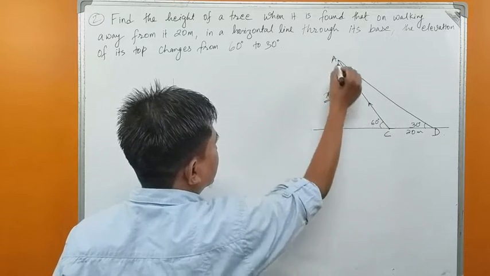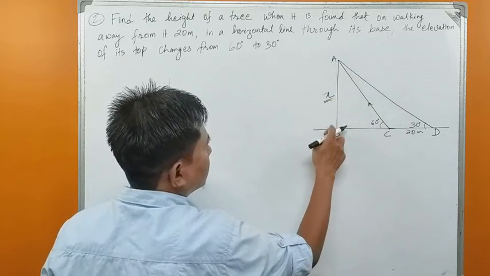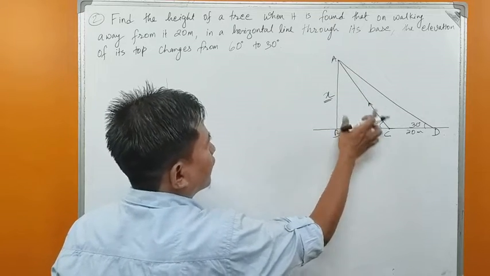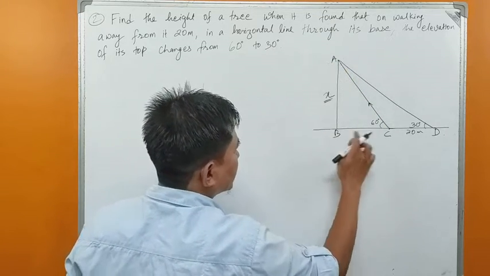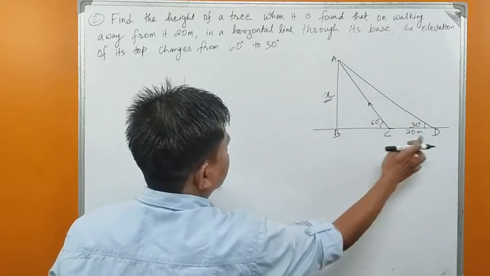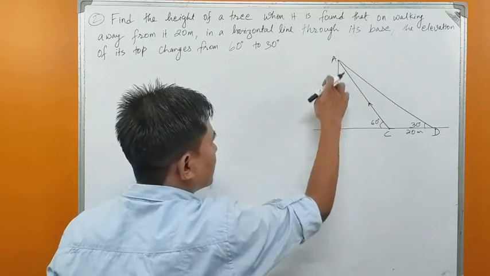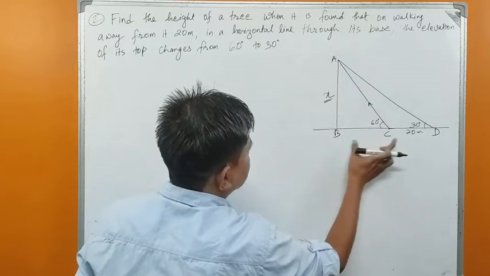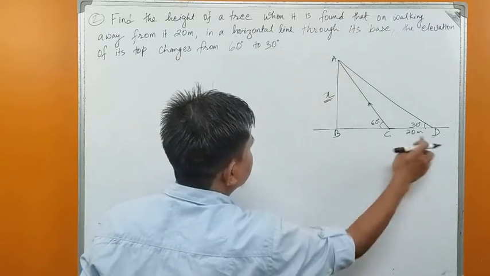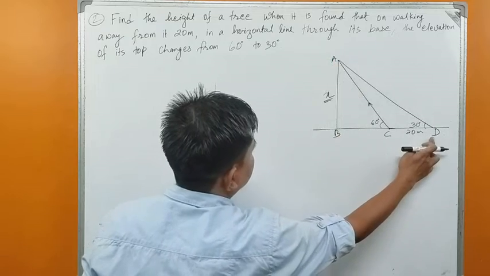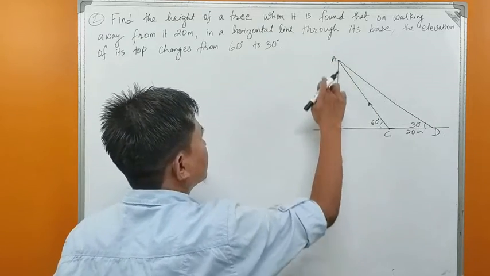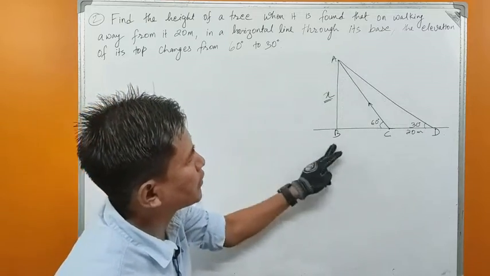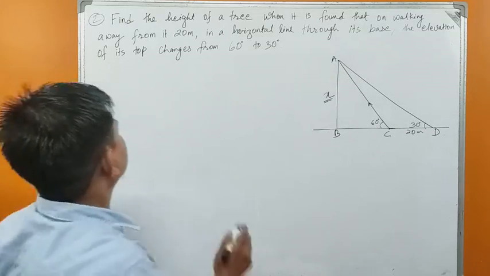AB will be the perpendicular and BC the base. In the bigger triangle ABD, AB remains the perpendicular but the base becomes BD. But right now we are talking about the smaller triangle ABC.